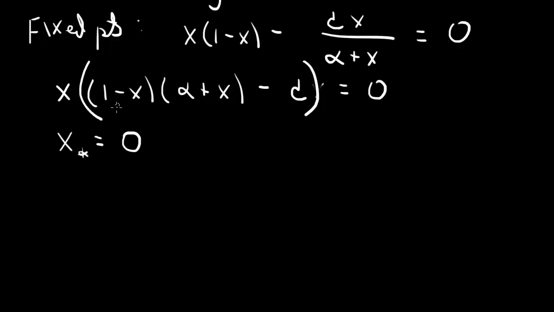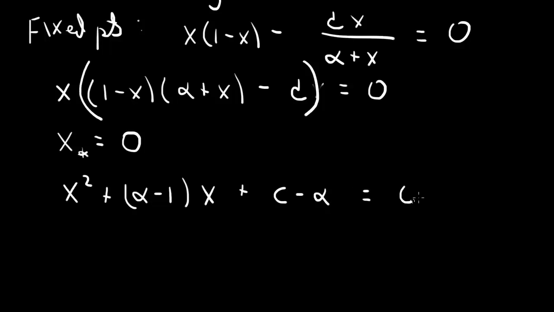This is a quadratic. So if we multiply by minus 1, that will be x squared, plus (alpha minus 1) times x, plus c minus alpha, equal to 0, right?